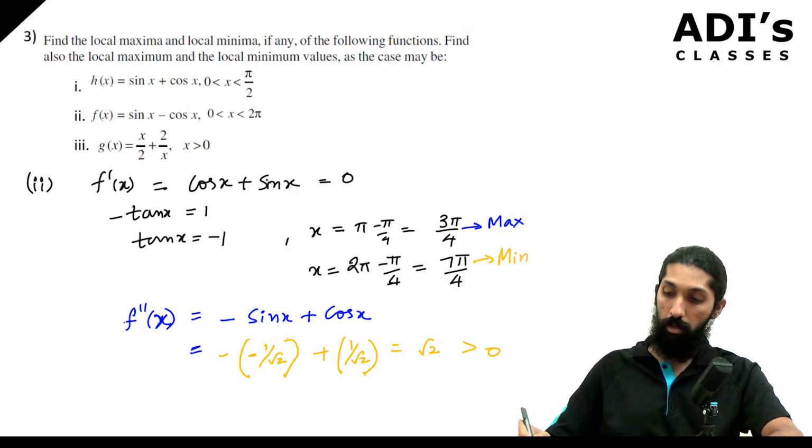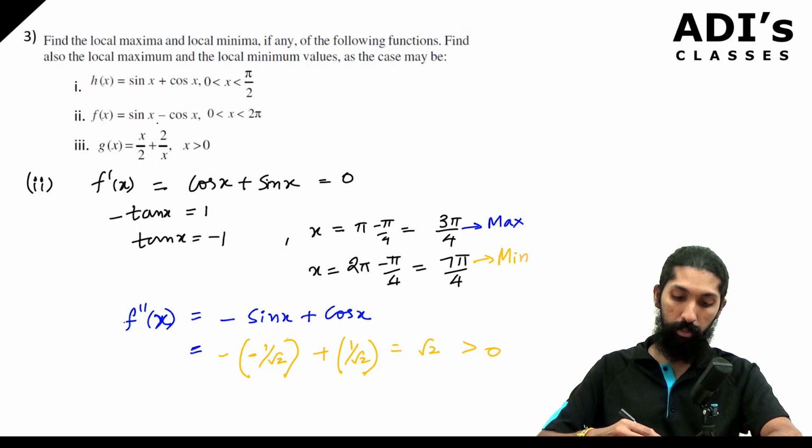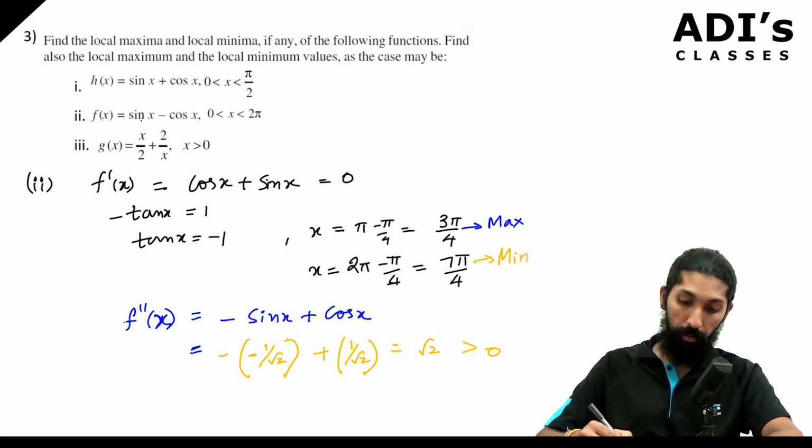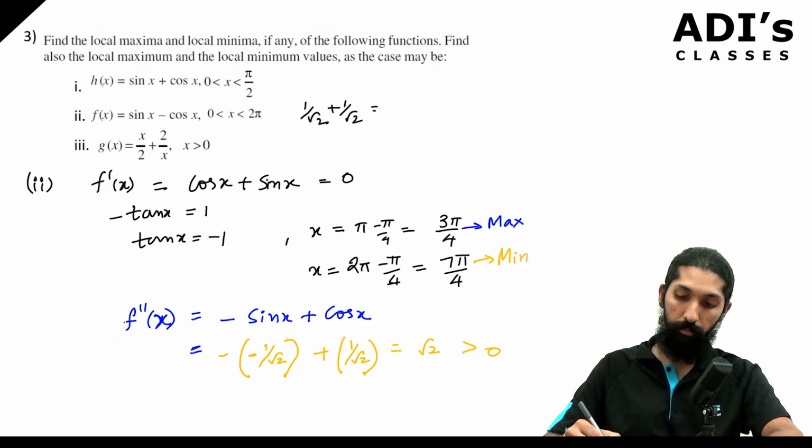Now what we'll do is substitute this back in the equation f of x to find the values. If you take 3π/4, sine 3π/4 is 1 by root 2, minus of minus, plus 1 by root 2.